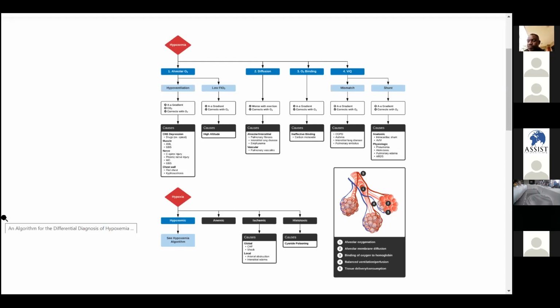There are so many causes of hypoventilation. It may be reduced level of consciousness, it may be muscle or neuromuscular disorders, etc. I think the list is quite lengthy within the illustration.